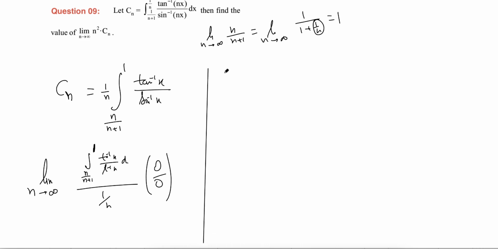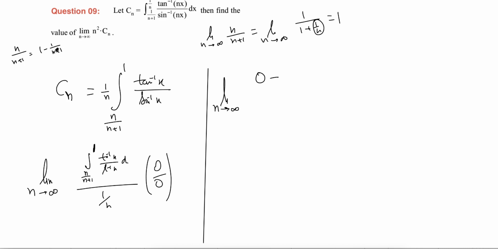So let's apply. Limit n tending to infinity, differentiation of the upper limit, that is 0 into 0, so 0, minus differentiation of the lower limit n by n plus 1, with respect to n, applying L'Hospital rule. n by n plus 1 means 1 minus 1 by n plus 1.